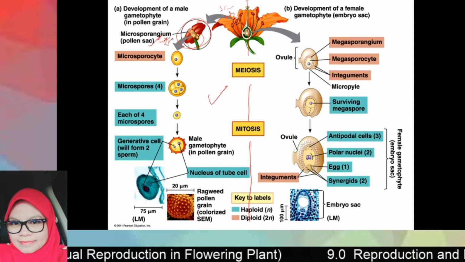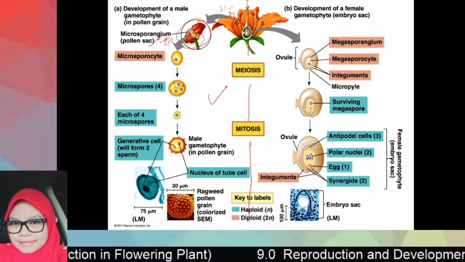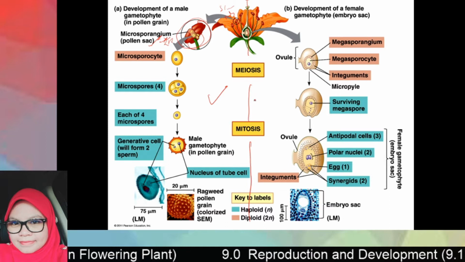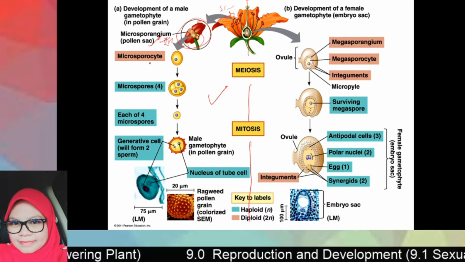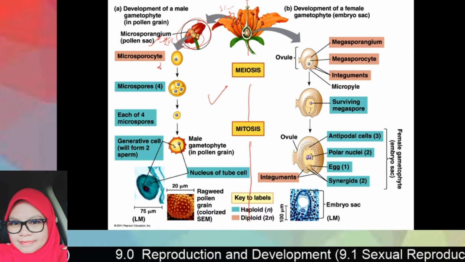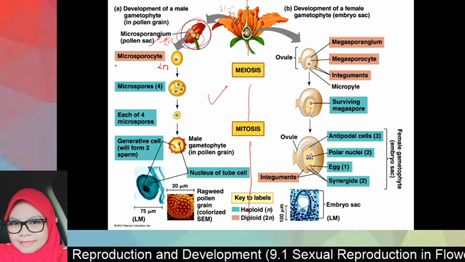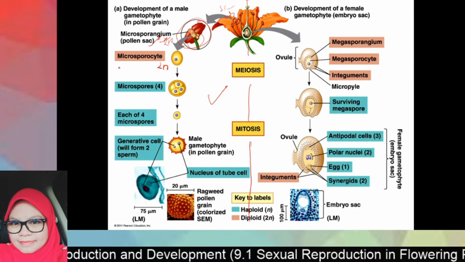This structure is a diploid structure, so it represents the sporophyte generation. The microsporangium consists of microsporocytes. A microsporocyte is a diploid cell and is also known as a microspore mother cell.